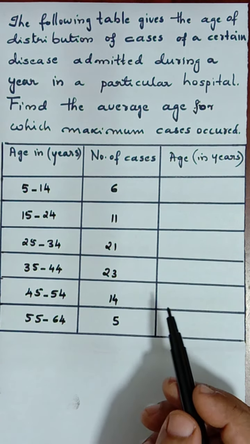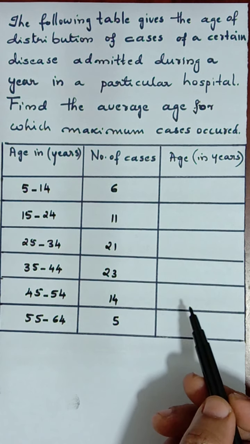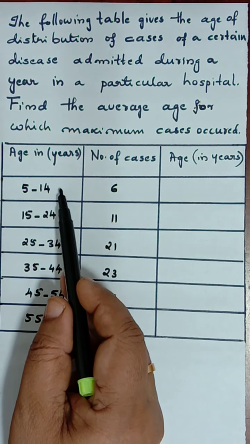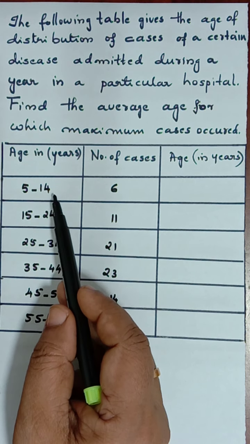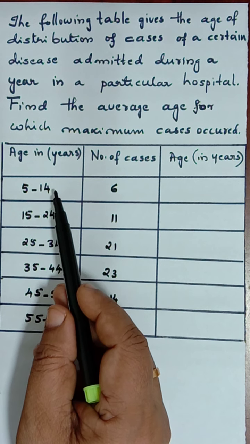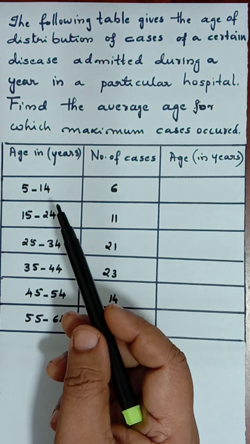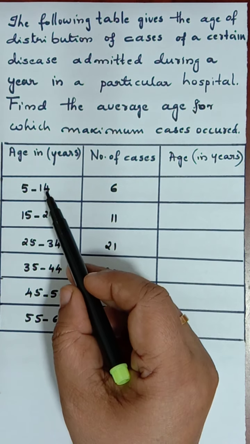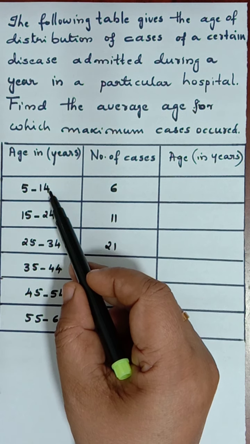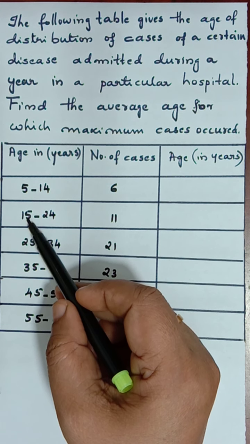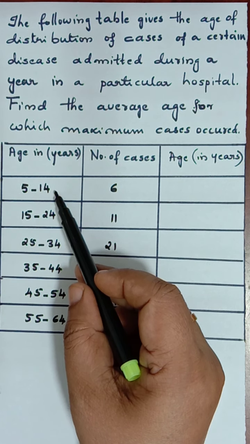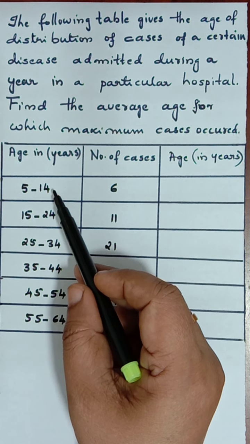Okay, so here you have to be careful. As I told you, this is not a continuous class. After 14 to 15, those values are missing. So we have to make it continuous first. How to make it continuous? Upper limit is 14, next lower limit is 15, the gap here is 1. So the gap is 1 and 1 by 2 is 0.5.